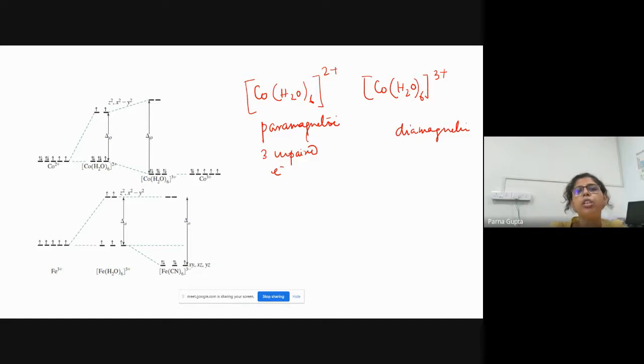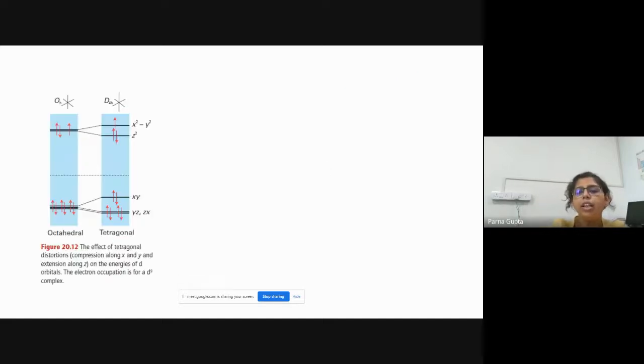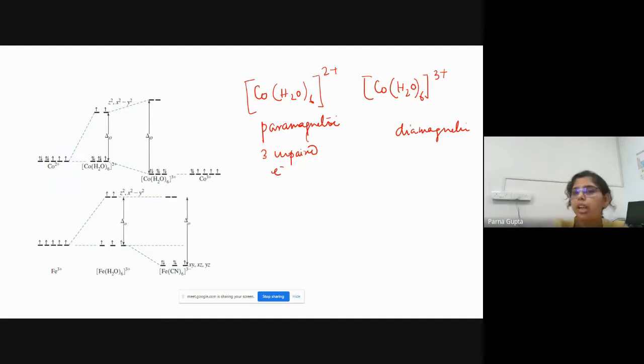So you have to always look at the ligand system, you have to look at the metal.